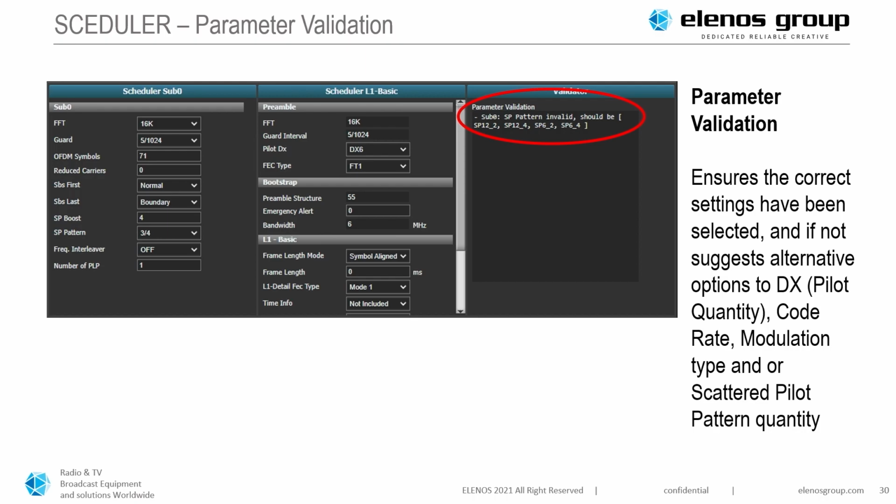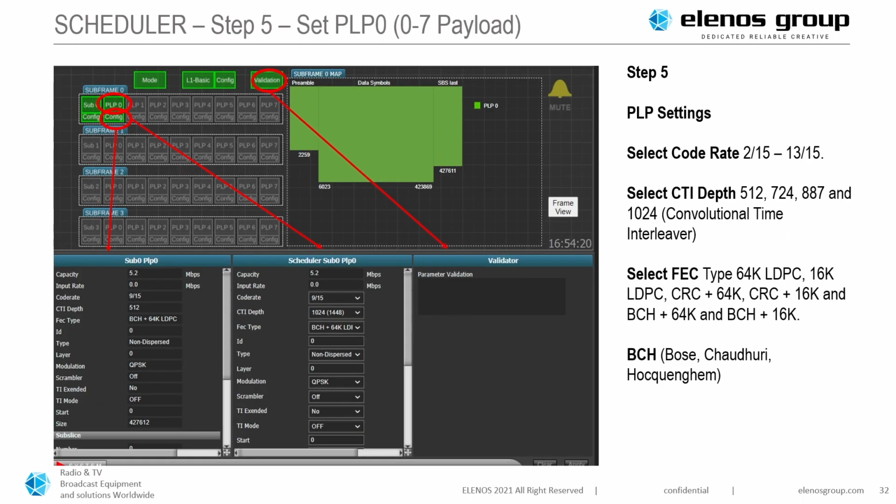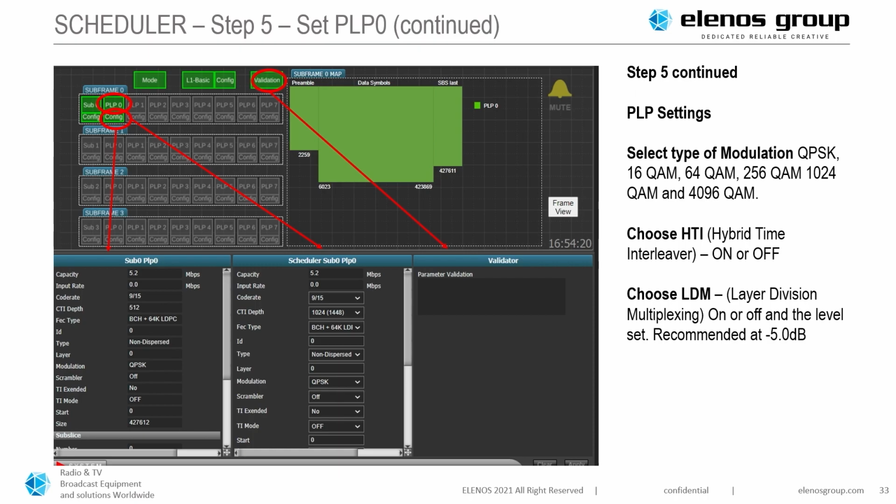Now, it doesn't mean that you've got the perfect signal just because you've got no invalid notification. You could still be sending out a really bad signal, or a signal that's not going to be received by your customers. So I'm going to jump through this. You just drag and drop each one of those, you make the selections, and you move forward. To step 5, this is where you would set the payload and more.